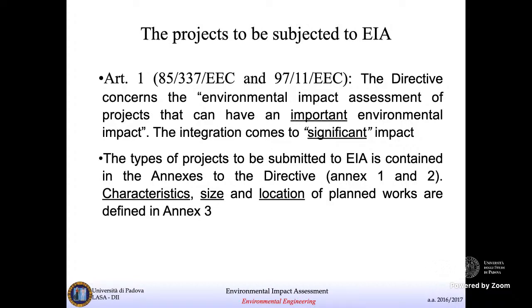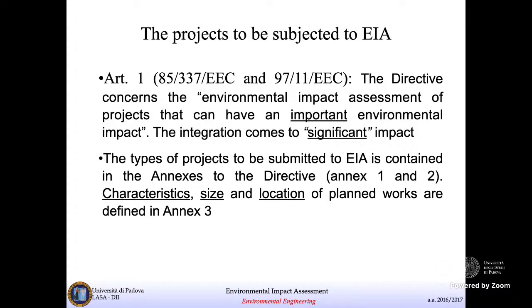Important was already quite vague. Significant is a little bit less vague, implying that it will be the experts of a multidisciplinary team that will draft out the environmental impact study, that will select which impacts are to be considered significant.